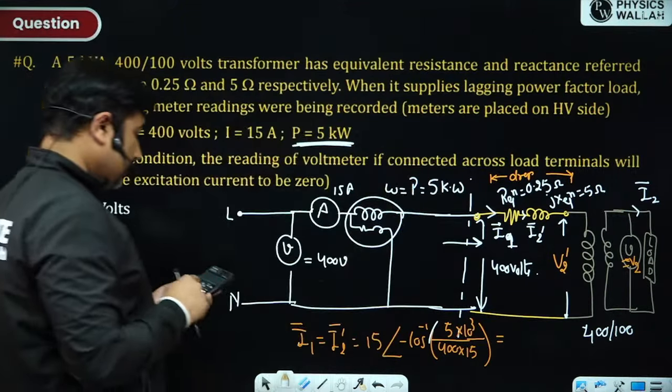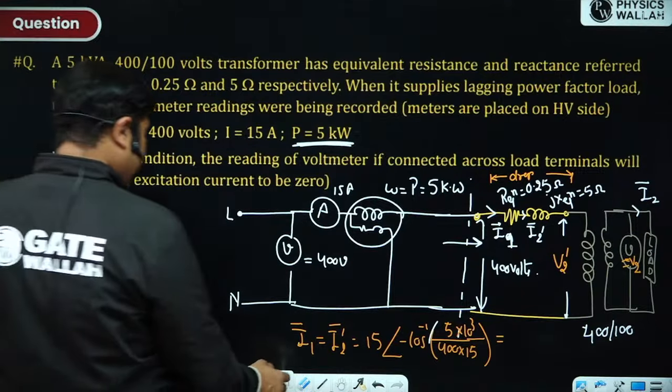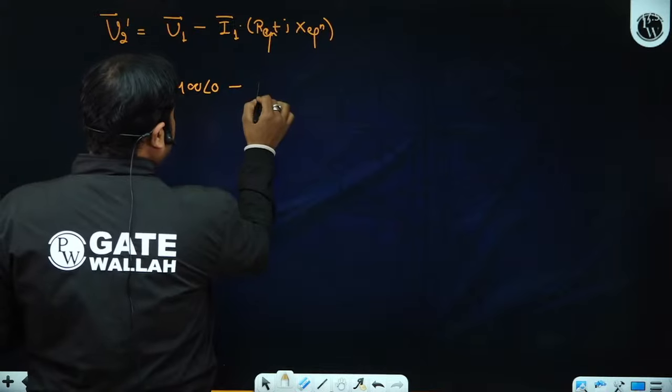So 5 kilowatt by 15 by 400, cos inverse, the answer is 33.557. So you know the power factor angle.